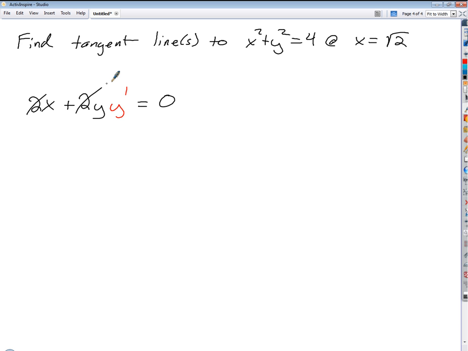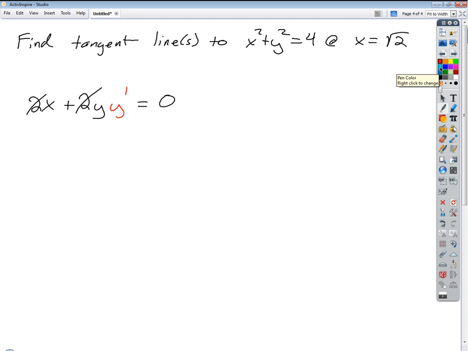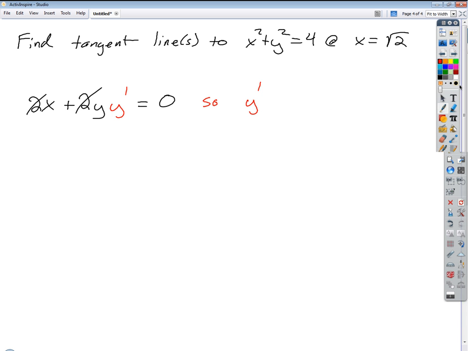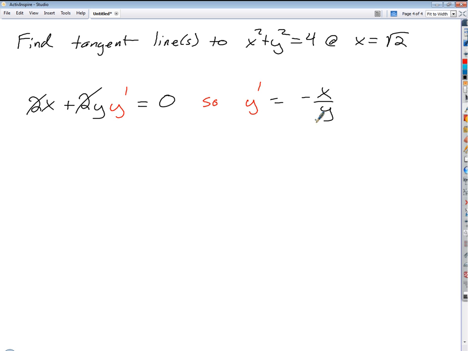Right. So all I'm going to do is subtract the x and then divide by y. So y prime equals negative x over y, right? Make sense? Okay, so no big deal.